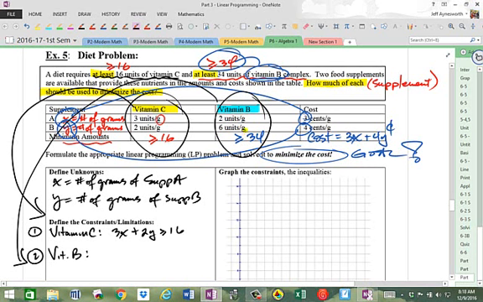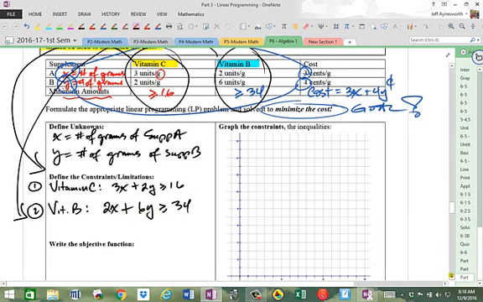You take 2 times x plus 6 times y. It has to be greater than or equal to 34 this time, because you want at least 34 units of vitamin B in your diet.